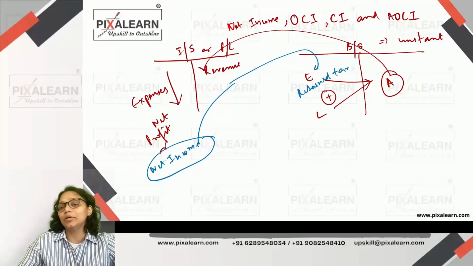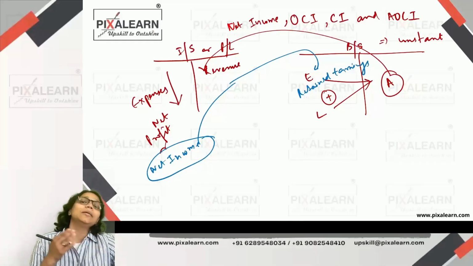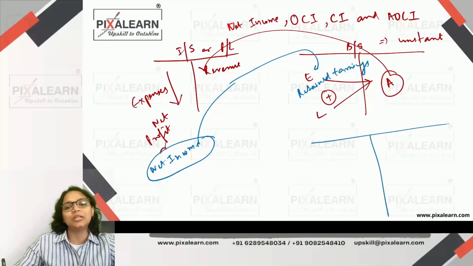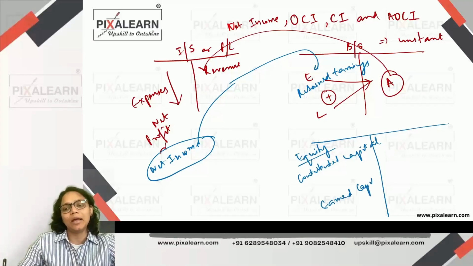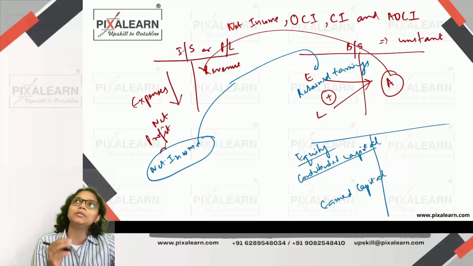Now, in other words, what we are actually trying to tell you is that since the time the business is originating, we have a balance sheet, and if we just drill down on the equity section of the balance sheet, we have contributed capital and we have earned capital. So what is the contributed capital? Contributed capital is the capital that the business was established with, and these are the ones that are contributed by the stakeholders.